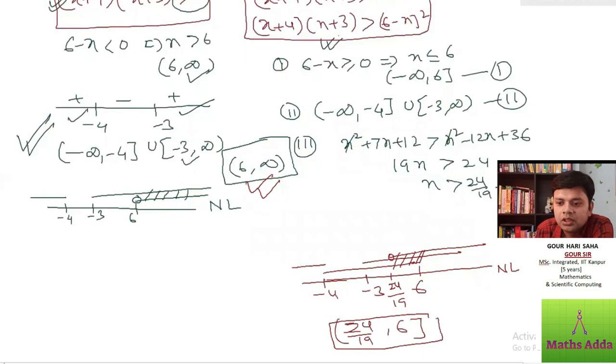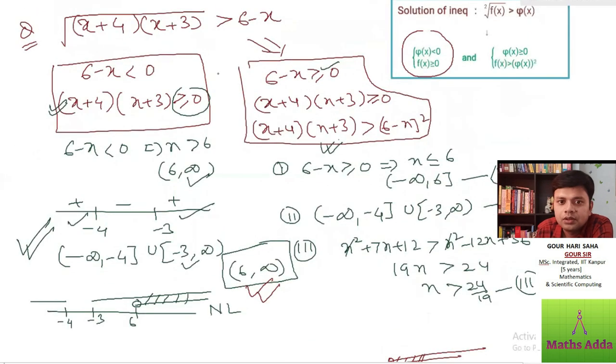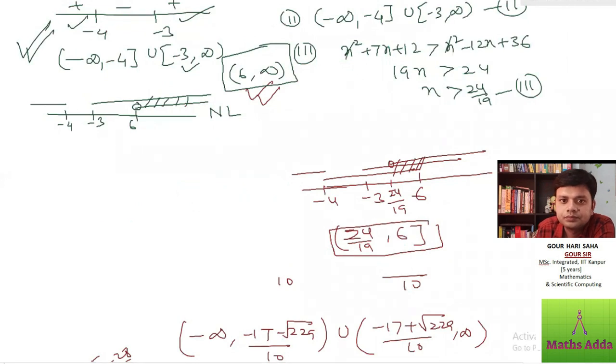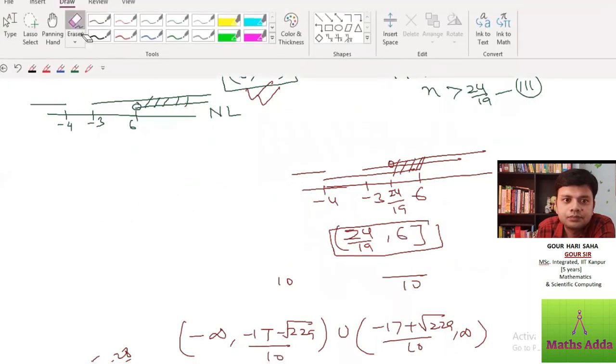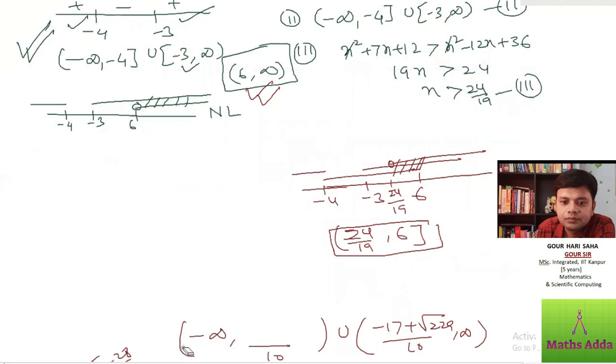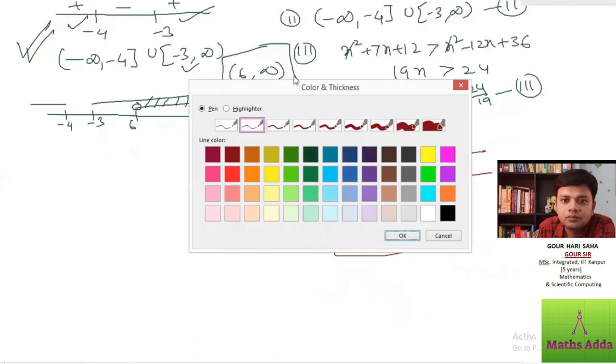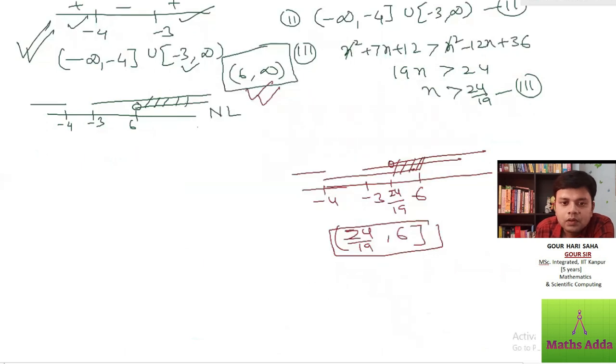What we need to take is the union. So it is 24 by 19 to 6, and this is 6 to infinity.